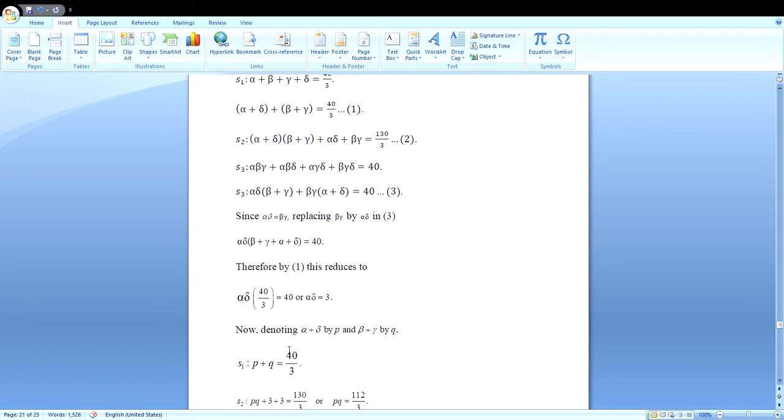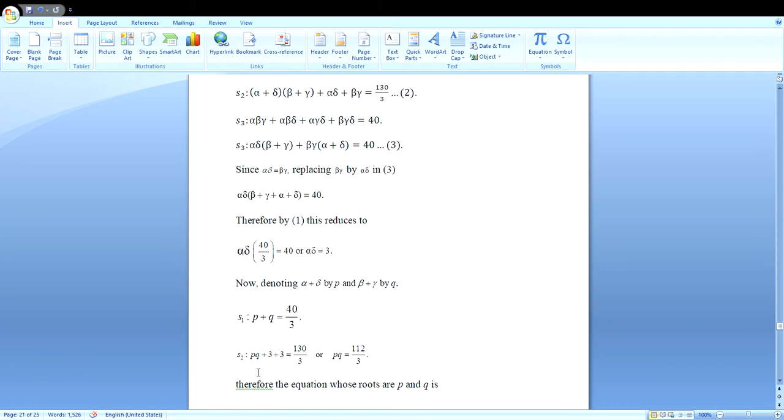Now let us denote alpha plus delta by P and beta plus gamma by Q for simplicity. That is, S1 we have P plus Q is 40 by 3 and S2 PQ plus 3 equal to 130 by 3.